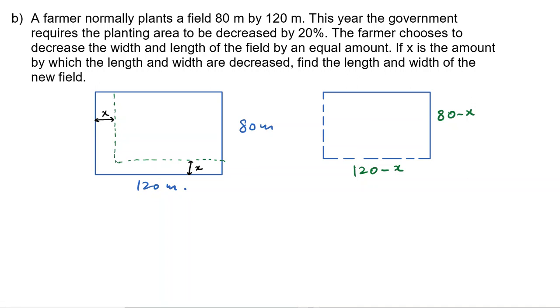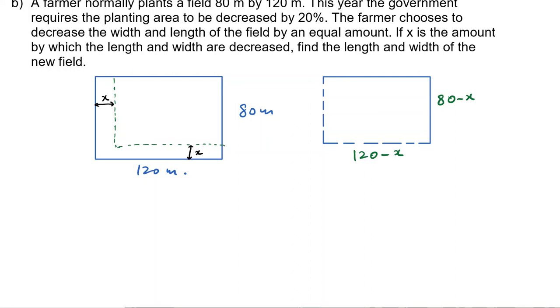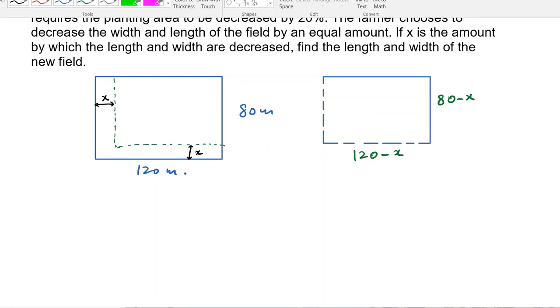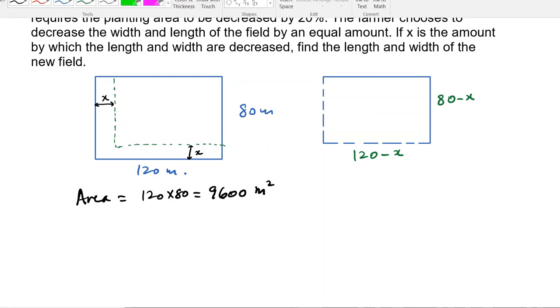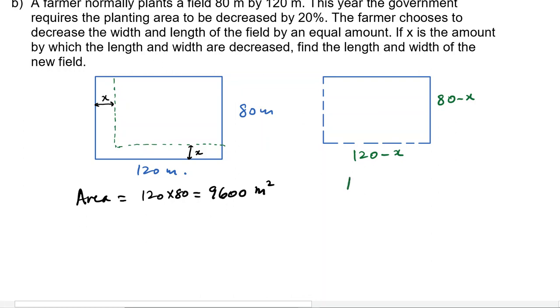All right, so if we talk about the areas, the area of the old field in this case is 120 times 80, which is 9,600 square meters. And the area of the new field, I'll call it area new.